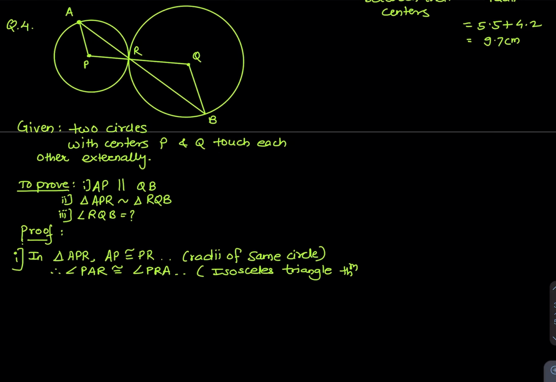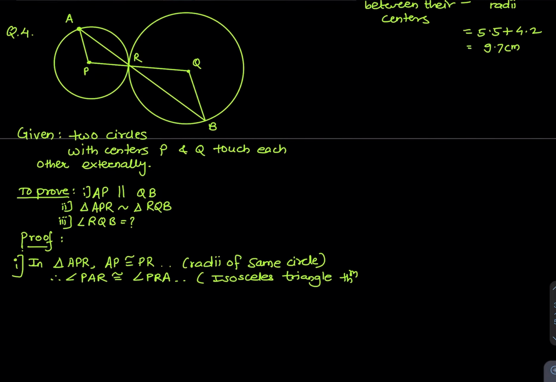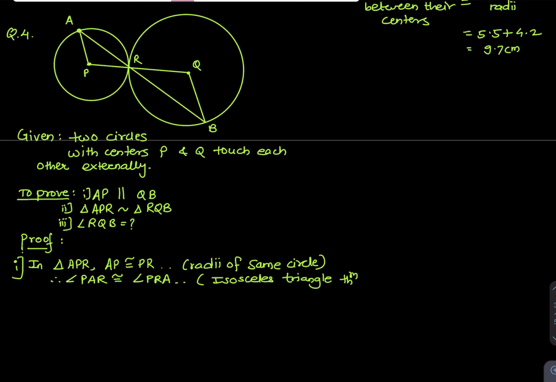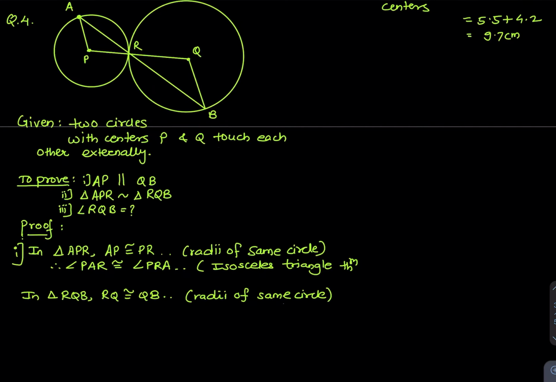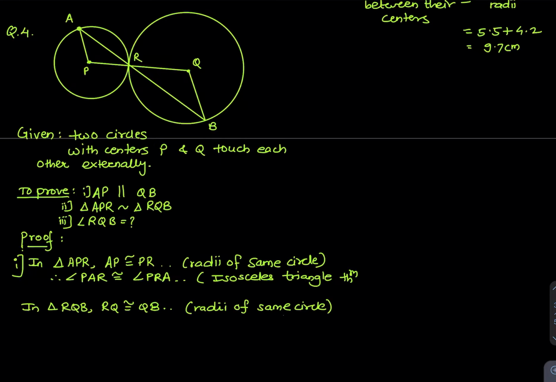Then as they are congruent, their opposite angles, angle PAR will be congruent to angle PRA because of isosceles triangle theorem. Next, similarly in other circle, in triangle RQB, RQ and QB are radii of this circle, so they will be congruent.